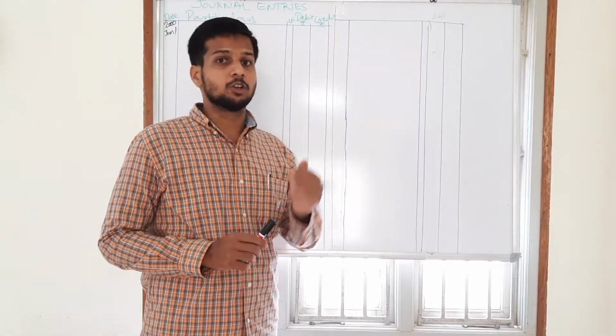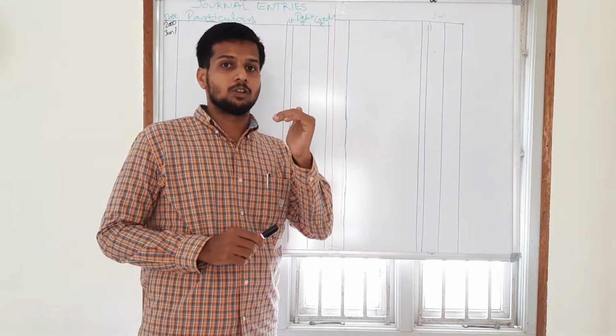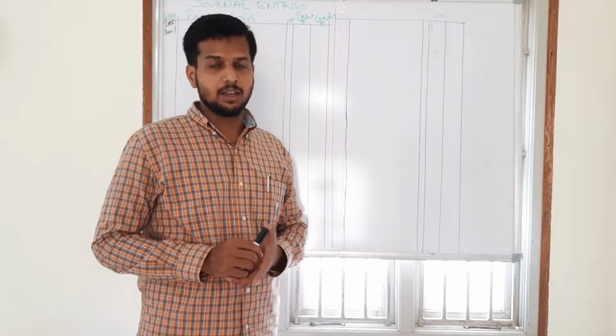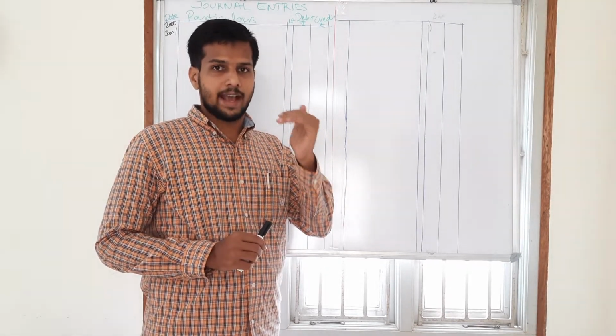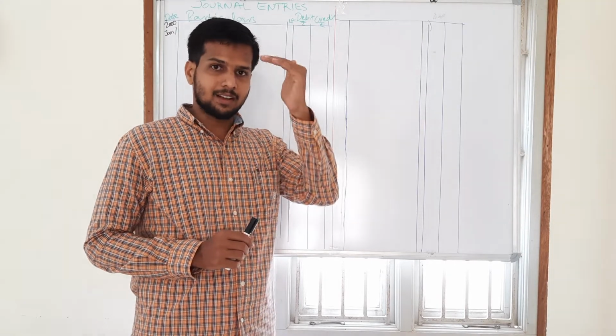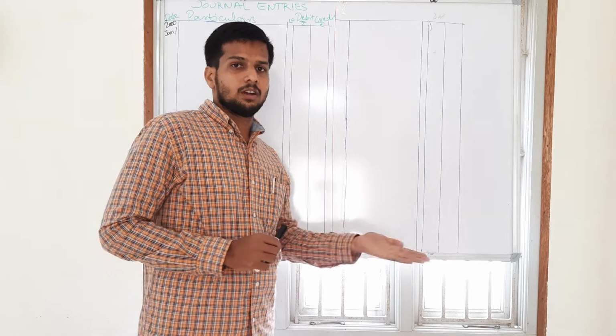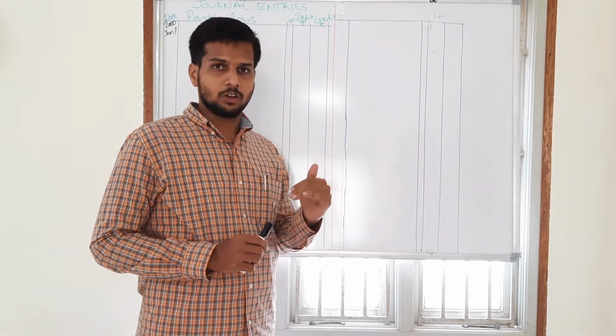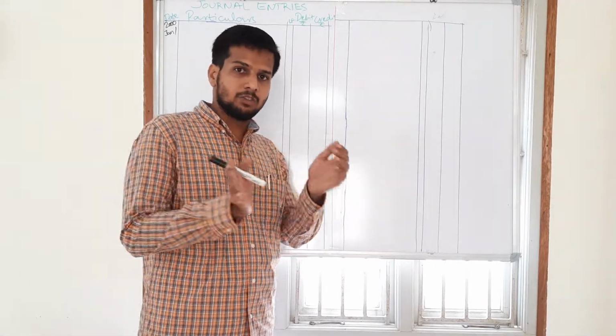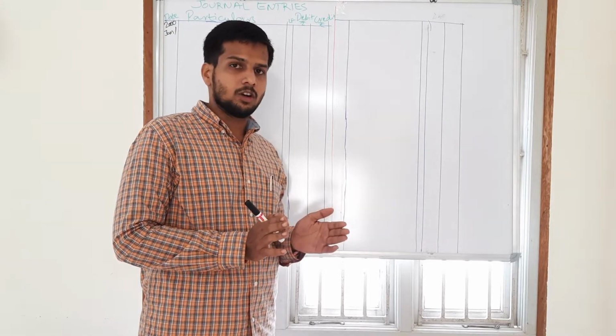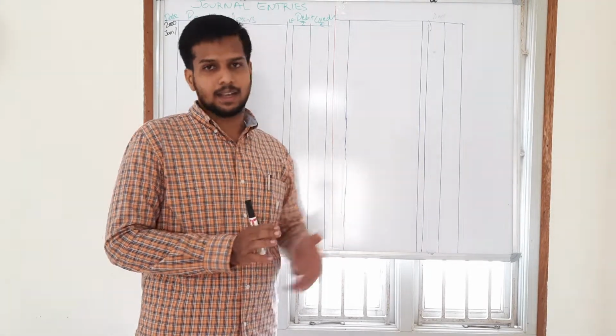So we are going to credit the personal account, that is the capital account. The next one is cash. Cash comes under real account. The rule says debit what comes in, credit what goes out. The cash comes into the business, so we are going to debit the cash account.